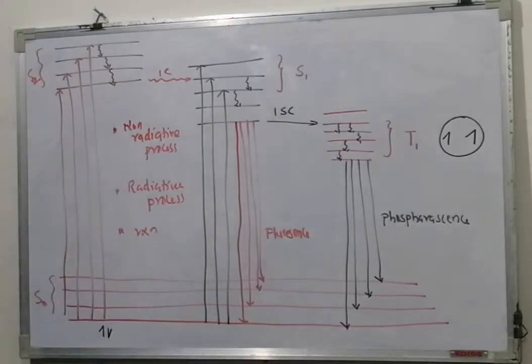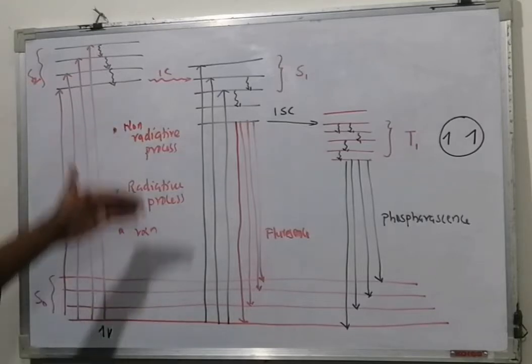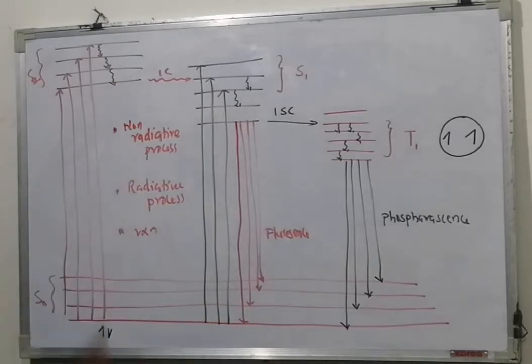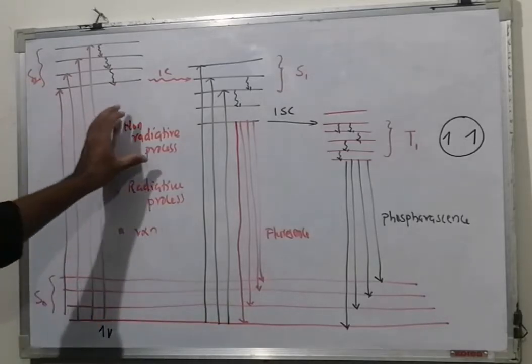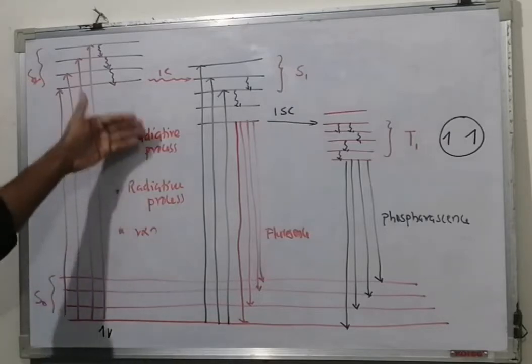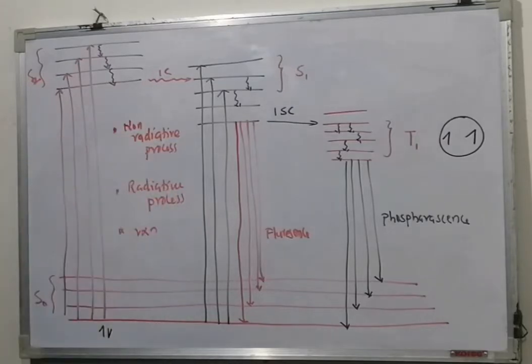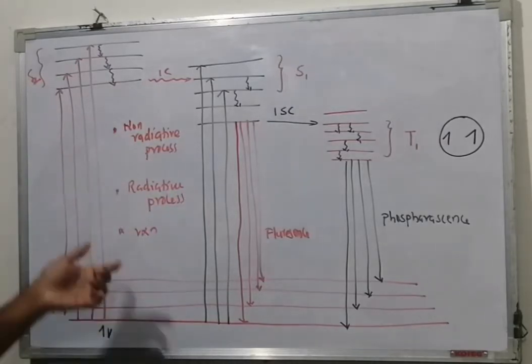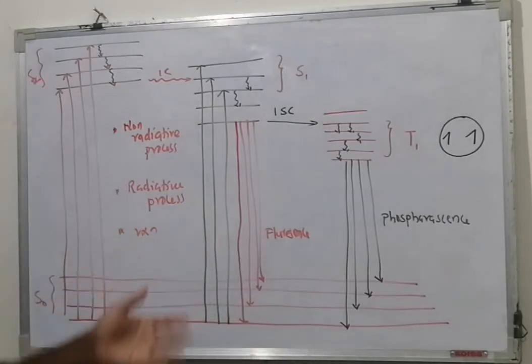After a molecule is excited, it will undergo any of these three. Maybe it will undergo non-radiative processes and come down, or a radiative process and come down. Both may happen, or it may give a reaction. If it gives a reaction, that is called a photochemical reaction.